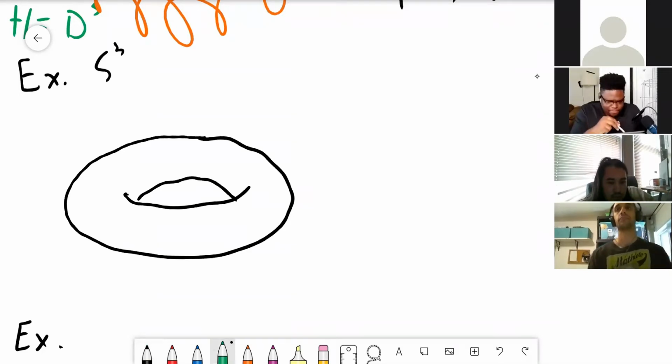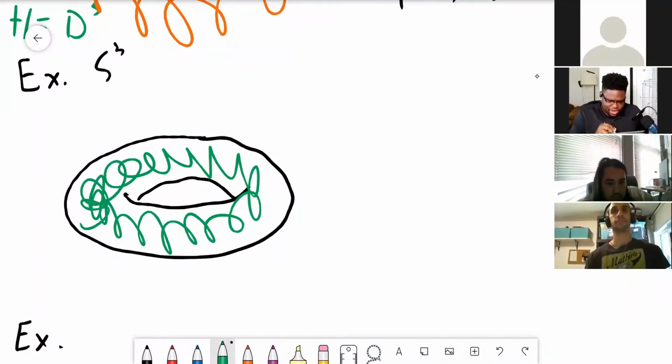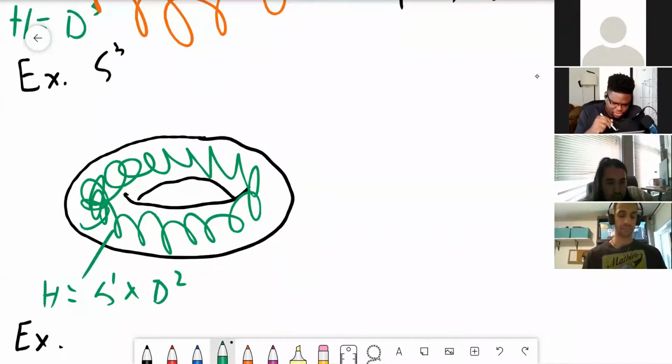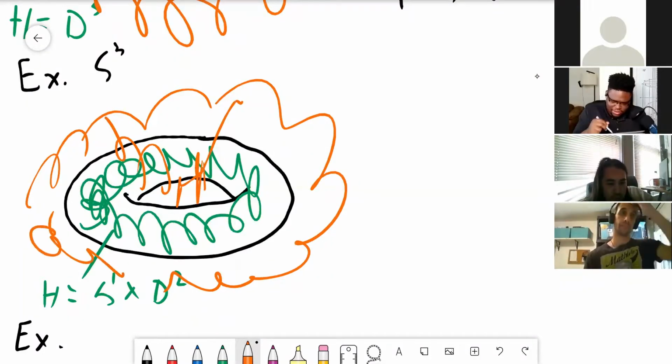Of course, this torus bounds a genus 1 handle body, which is S1 cross D2. Then also, which is a little bit harder to see, it bounds a genus 1 handle body on the outside like this, that kind of goes through the hole and comes out the side.